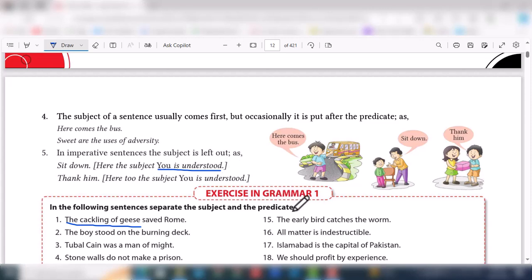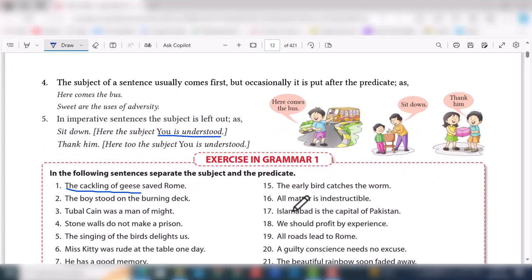Now, in positive and negative sentences, how can we identify all these? The first sentence is: the cackling of geese saved the Rome. The identification of the subject is that everything before the verb or helping verb, the whole phrase, is considered the subject.